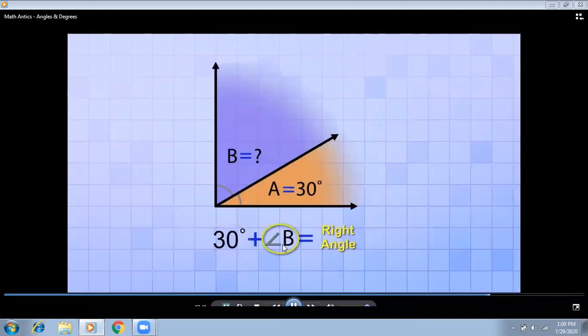But we know that both the angles give a sum of 90 degrees, so they are complementary angles.